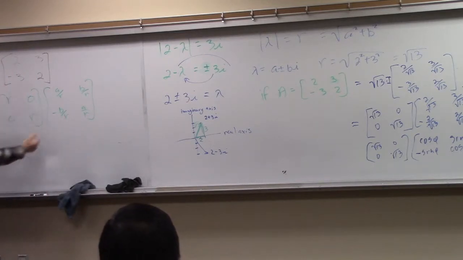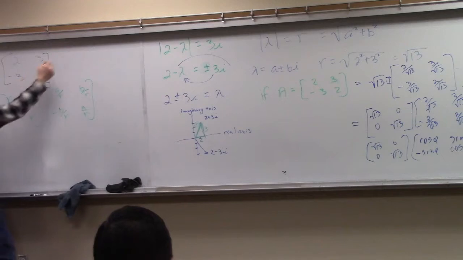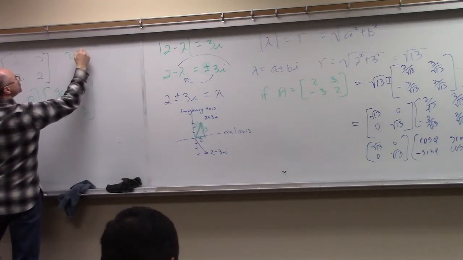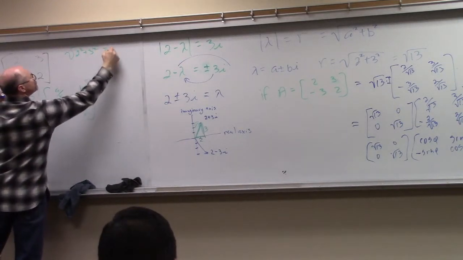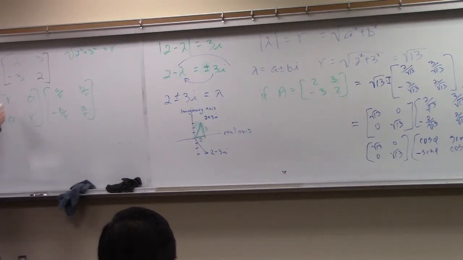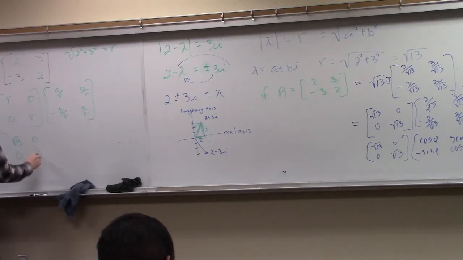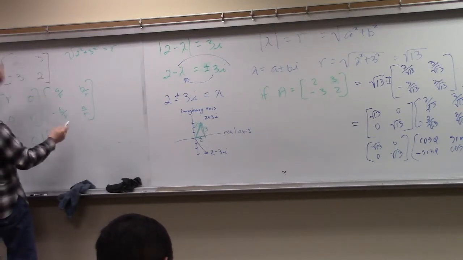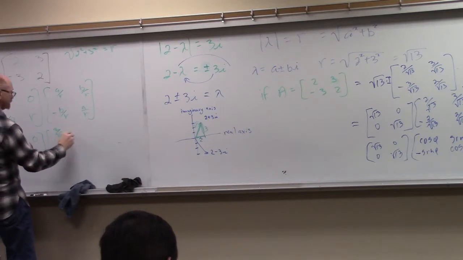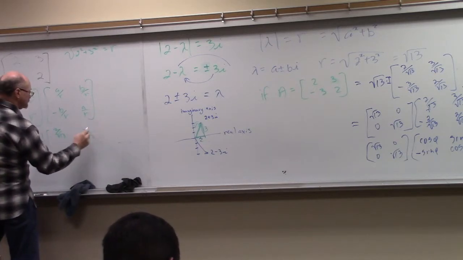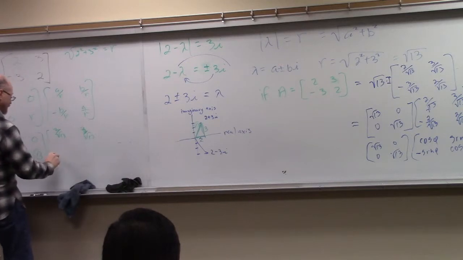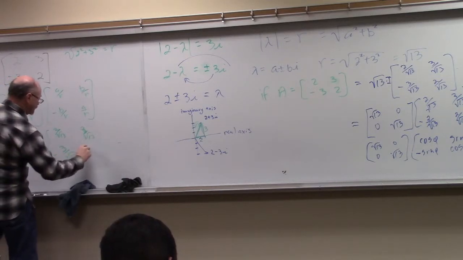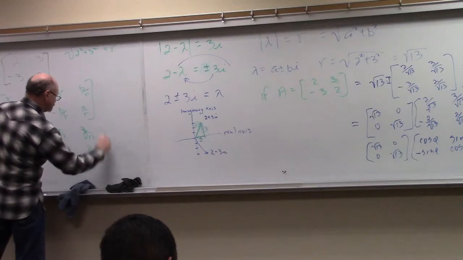In this, remember R is the square root of 2 squared plus 3 squared. That's why we've got the square root of 13, 0, 0, square root of 13. And then this is 2 over root 13, 3 over root 13, negative 3 over root 13, and 2 over root 13.